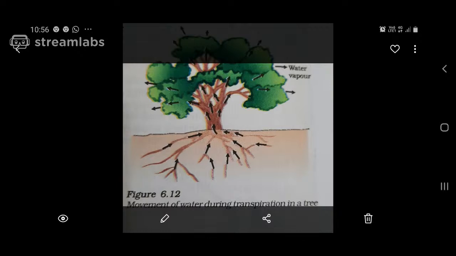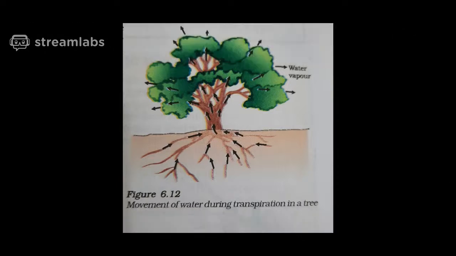Then it enters the xylem tissue, and the xylem you can find throughout the plant, and throughout the plant the water will be moved from the lower side to the upper side, from the soil to the shoot. And how is this possible? Here a suction force is created.